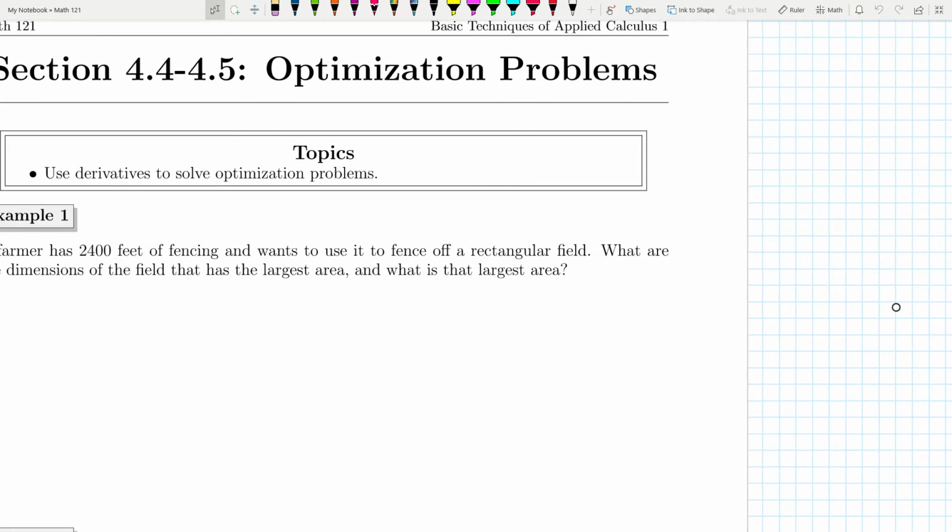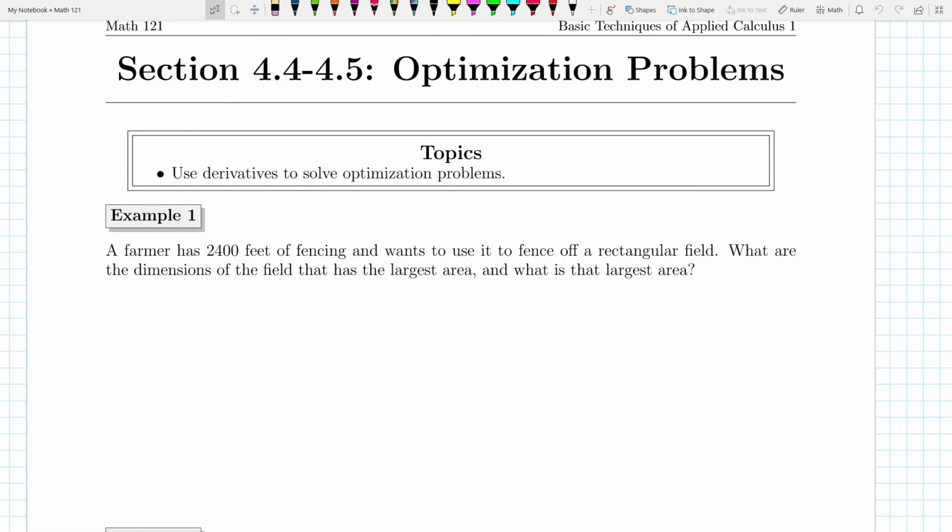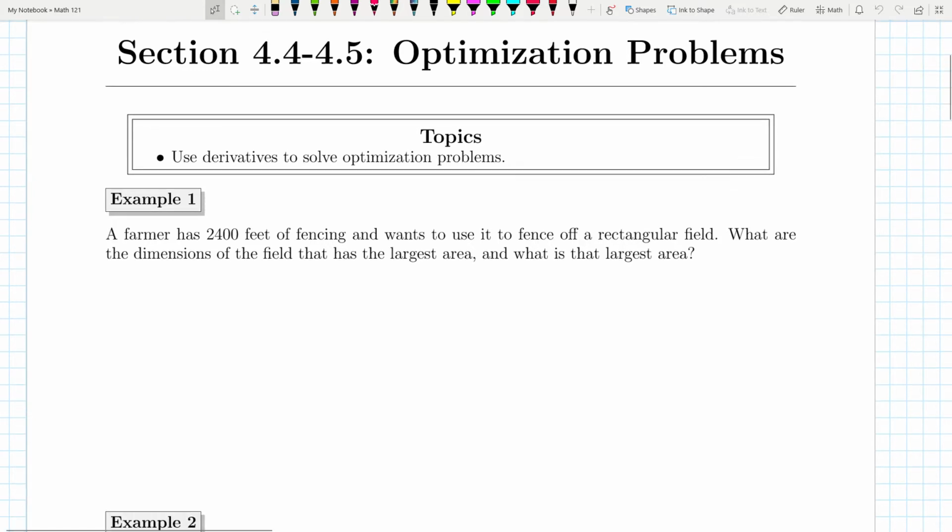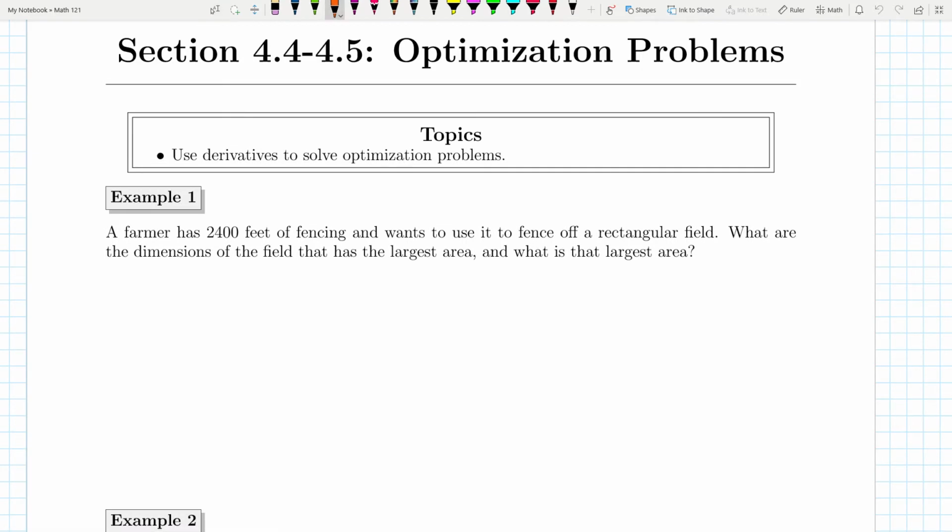So, every time that we deal with an optimization problem, there's essentially two parts of the problem. Number one, there is a calculus part and there is an algebra part. So let's set up the calculus part. And the calculus part is the one related to what we want to, in this case, maximize, right?